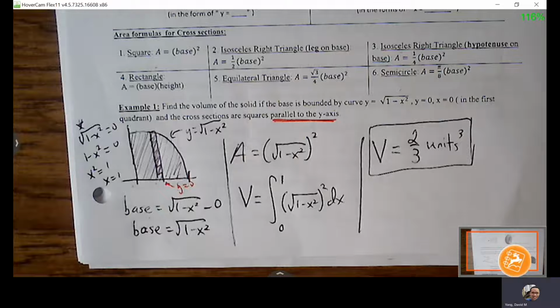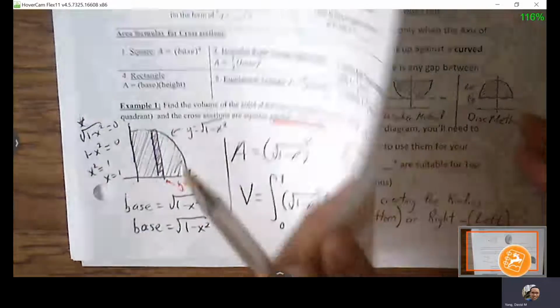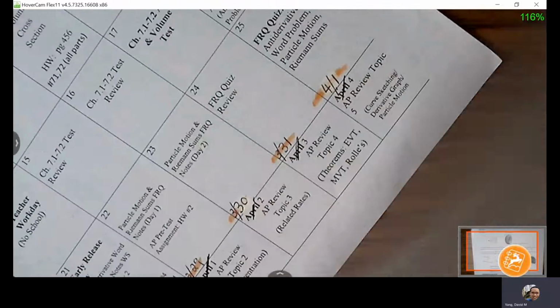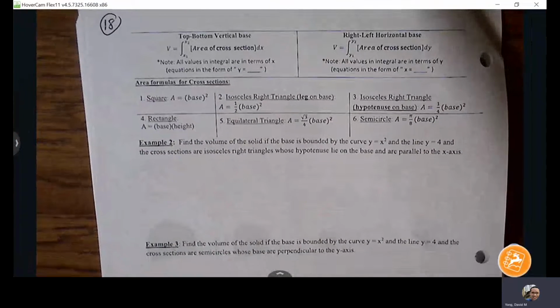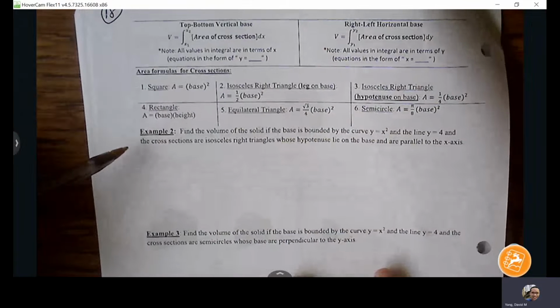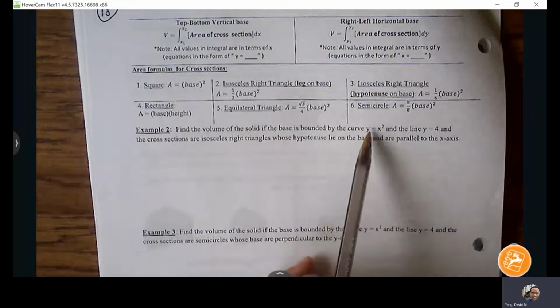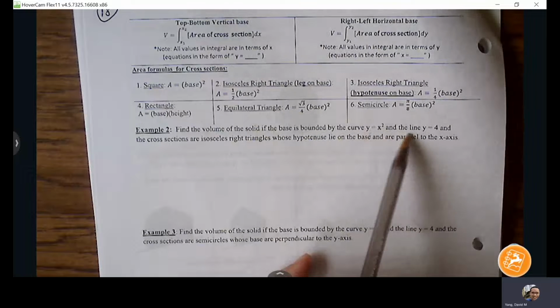Okay, all right, back to page 18. I'll put the formulas above for easy reference. Example 2, find the volume of a solid if the base is bounded by the curve y equals x squared and y equals 4. So let's go ahead and graph that.